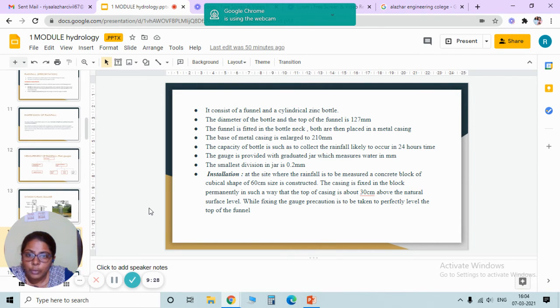The capacity of the bottle is such as to collect the rainfall likely to occur in 24 hours. The gauge is provided with a graduated jar which measures the water in mm. The smallest division in the jar is 0.2 mm.